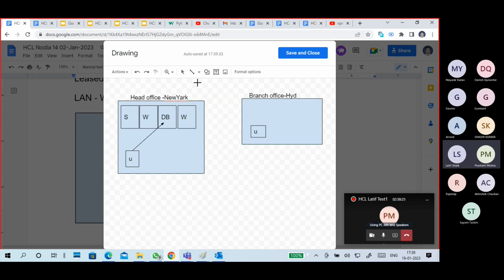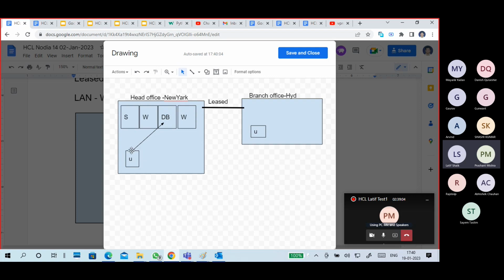Through the ISP, we are connecting through dedicated connectivity. It is a leased line we have taken through the ISP. Of course the ISP is in between, but it is a completely private line. We don't put in a separate line; through the ISP, one line we have leased completely.